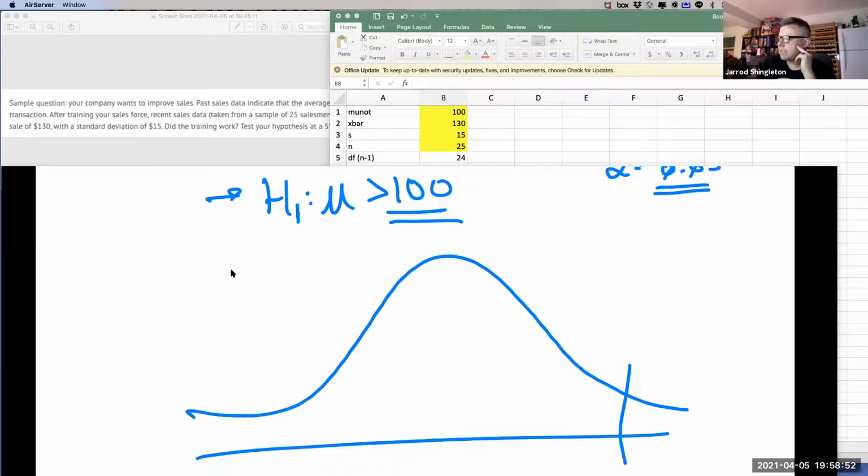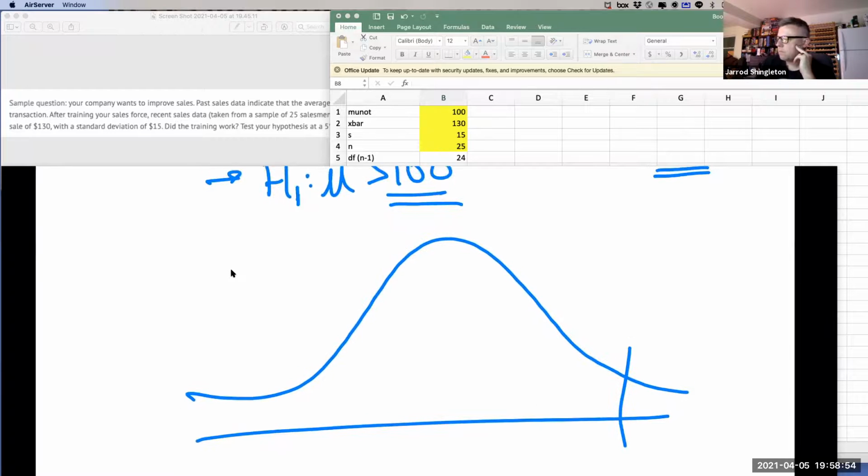Okay, so here's my test stat. My test statistic, and the p-value is the area under the curve to the right of that test statistic. Now that should be a fairly small number. I want that to be less than whatever my alpha is, so I can reject the null hypothesis. Let's take a look and find out what it is.